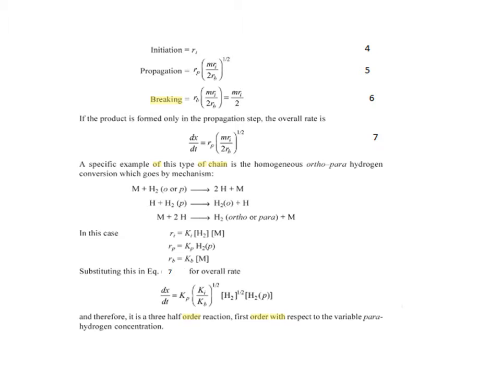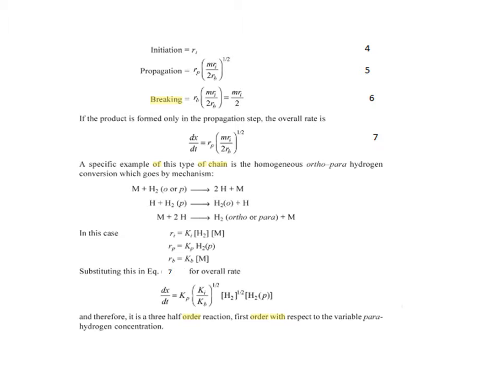Now again, initiation Ri, propagation Rp. (MRi over 2Rb) under root is equation 5. Breaking Rp (MRi over 2Rb) gives MRi over 2. This is equation number 6.